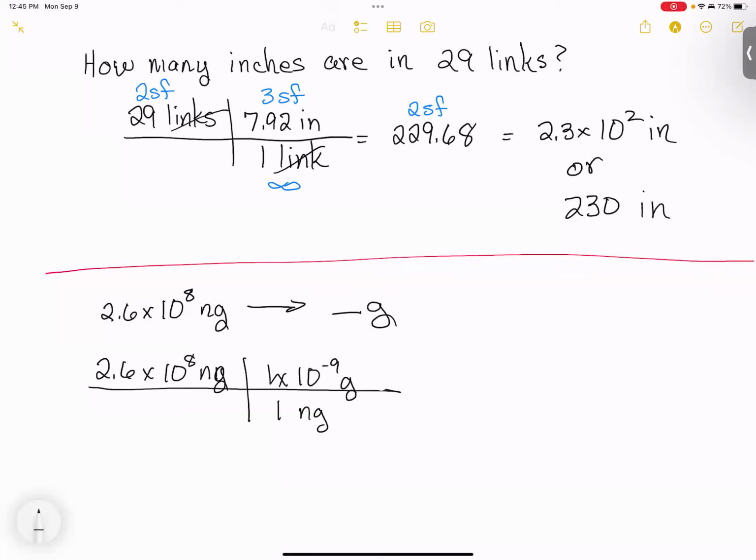That way the 1 is always with the prefix, and you're not confusing which one the scientific notation goes with, which one the 1 goes with. So I get rid of that confusion.